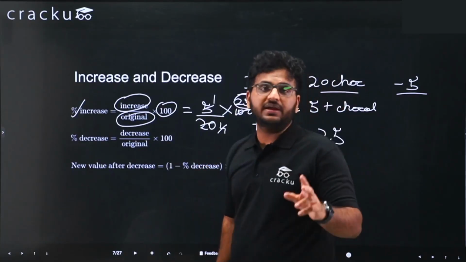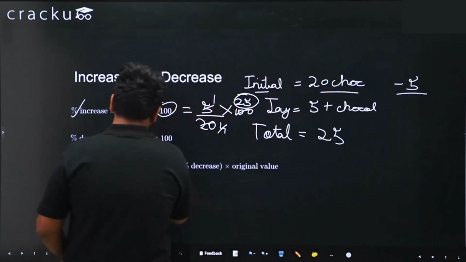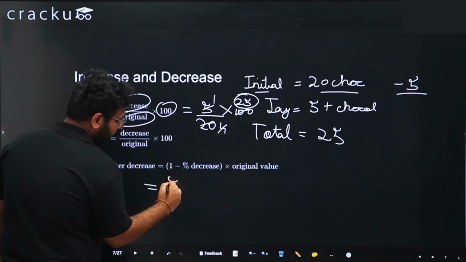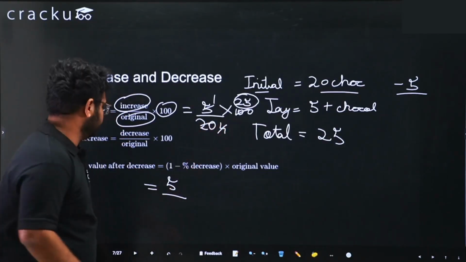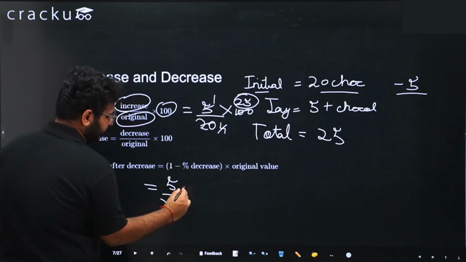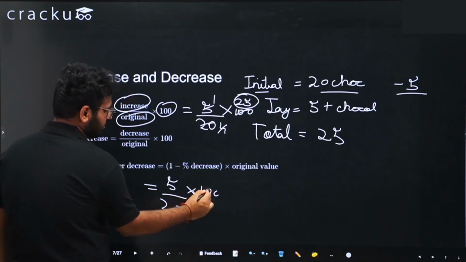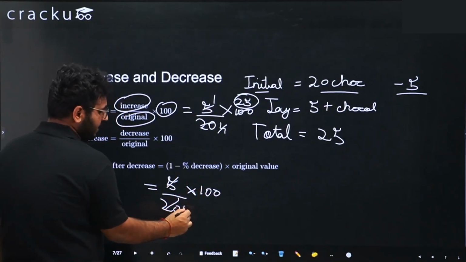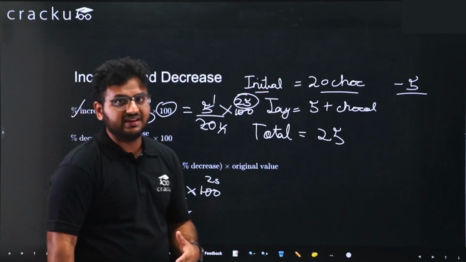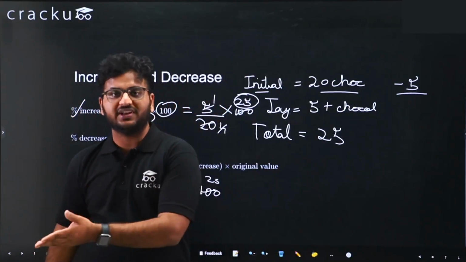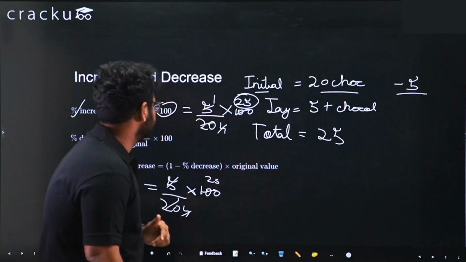So decrease percentage would be 5 divided by, originally I had 20 chocolates, so 20 into 100. So which will be equal to 1 by 4, 25. So now my percentage decrease from 20 to 15 would be 25%.